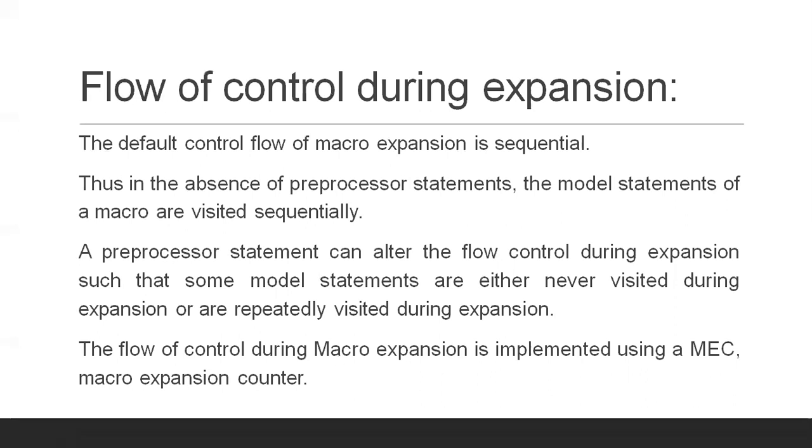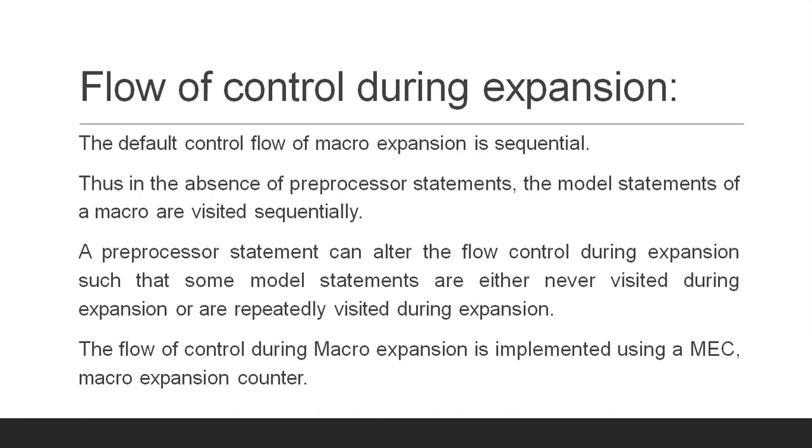The flow of control during expansion. I just told you that the flow is by default sequential. This flow of control will alter if there is some preprocessor statement. Now, what will a preprocessor statement do?